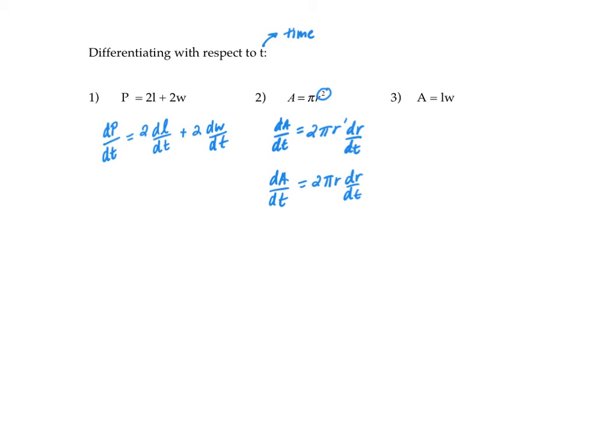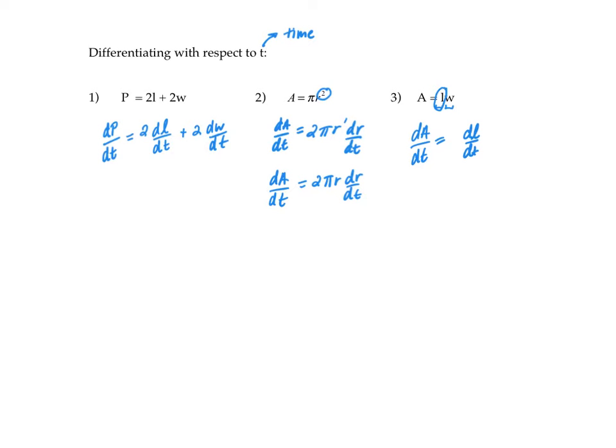And finally, the last one, we have an area formula. Area equals length times width, area of a rectangle. It is a product here. All right, so we would take the derivative of the area with respect to time. And now we're going to take the derivative of length. So it would be dL/dt.